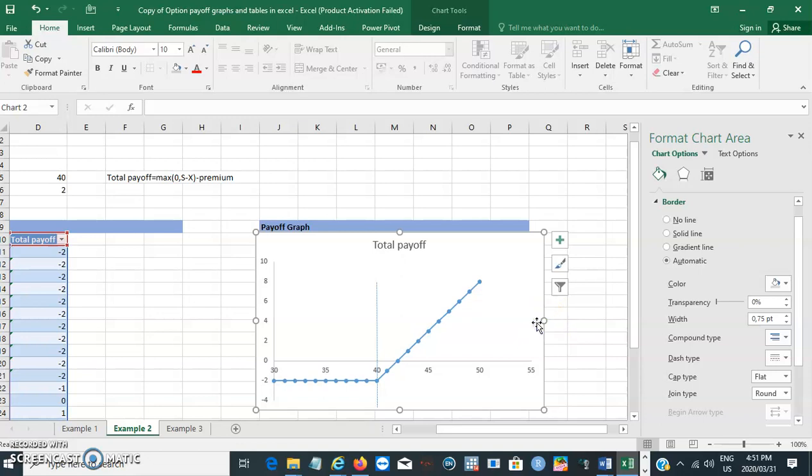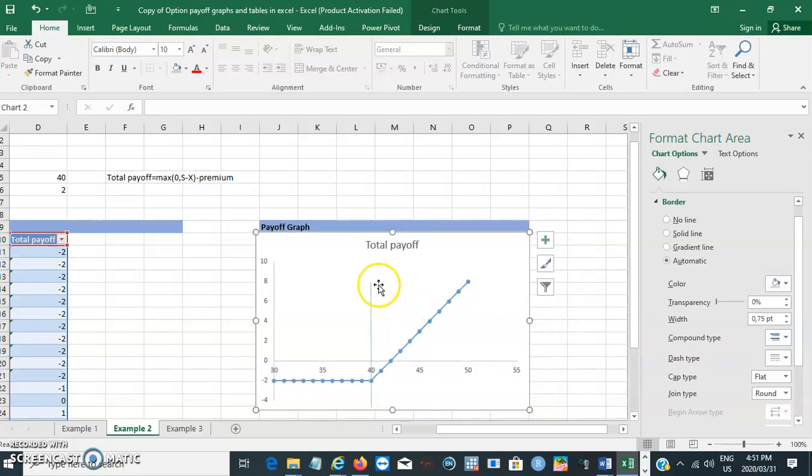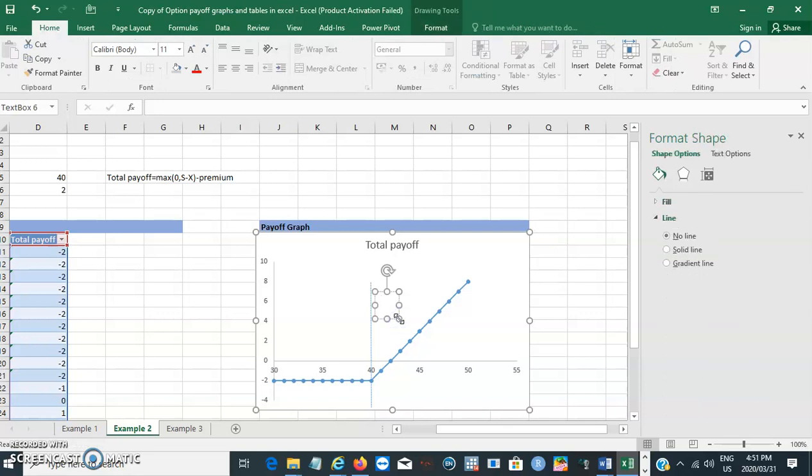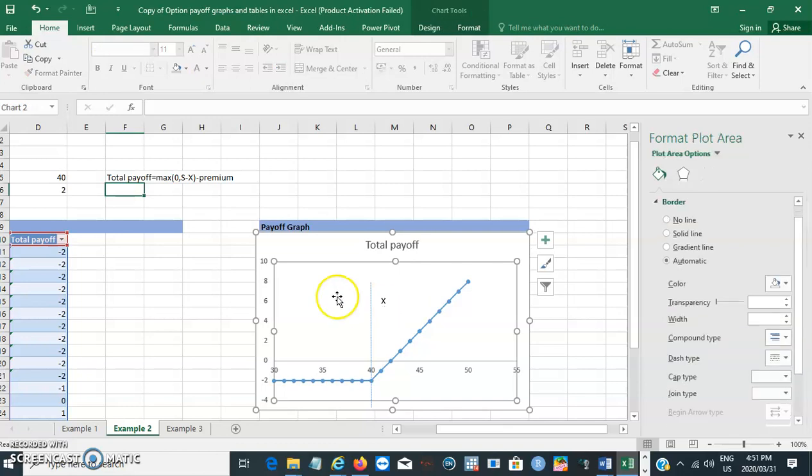So the only thing that I didn't do here was making the final touch-ups, which you can actually do by yourself. You can use your textbooks to do most of these things. For example, you can use the textbooks to label everything. You can label your X, which is your strike price.